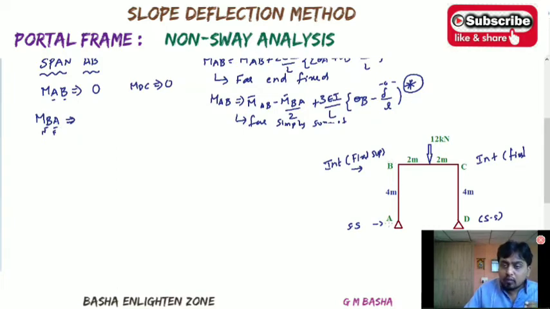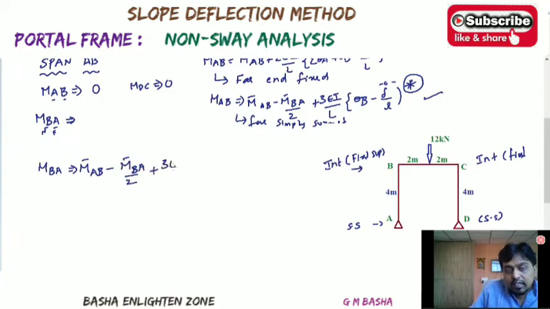Whenever the far end is simply supported, as I told you, directly use this formula: MBA will be equal to M bar AB minus M bar BA by 2 plus 3EI by L BA into theta B. You just use this formula and substitute the values directly.